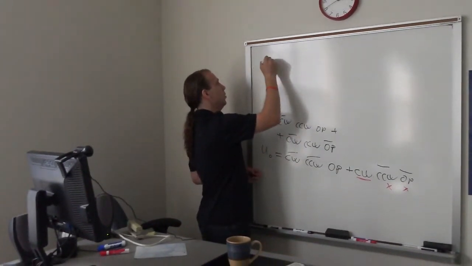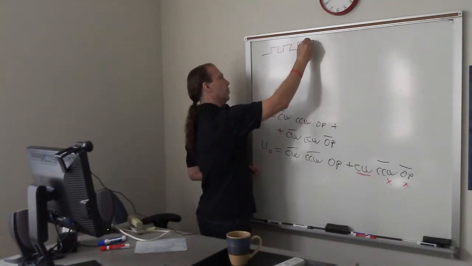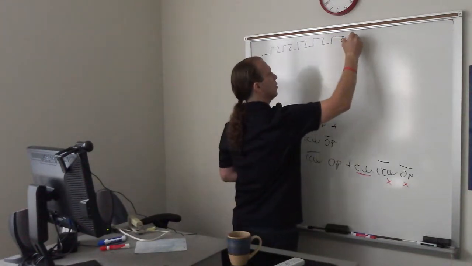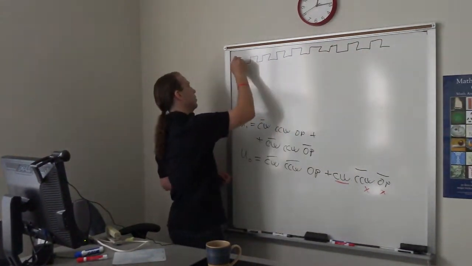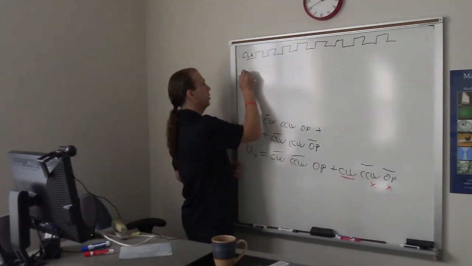And what we do, we say that this is our clock cycle. Let us draw it long. This is our clock cycle. Let us say this is our U0.